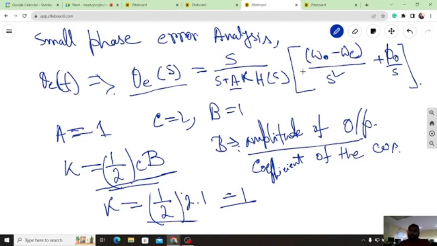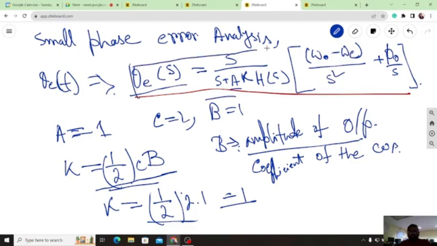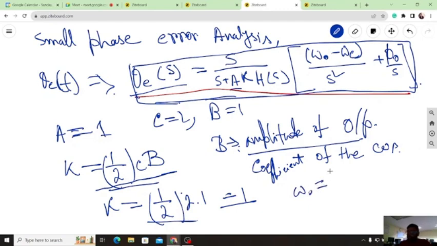So basically, just take this equation once again. This is the key equation for small scale error analysis. But here the only change is that omega 0 is equal to omega c into 1 plus delta.